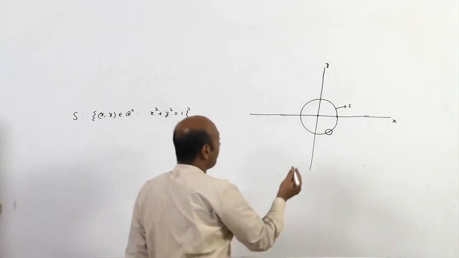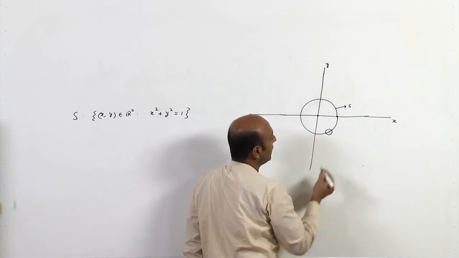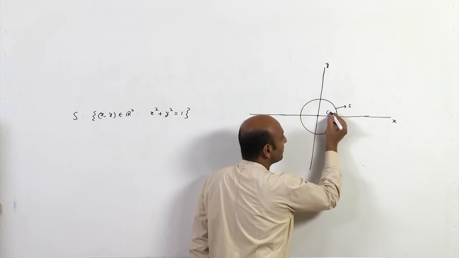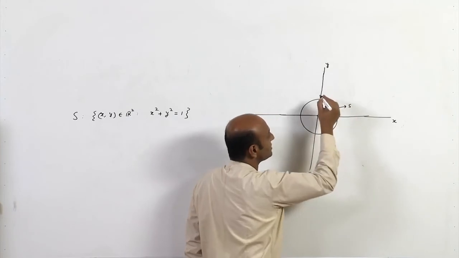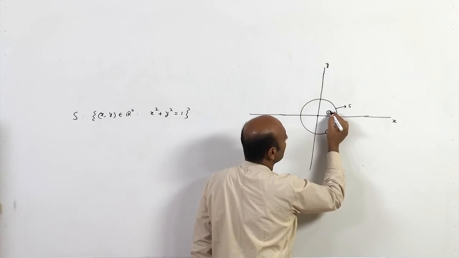However, if you take a point in the inside region, say here, there will exist a disk whose intersection with S is empty.